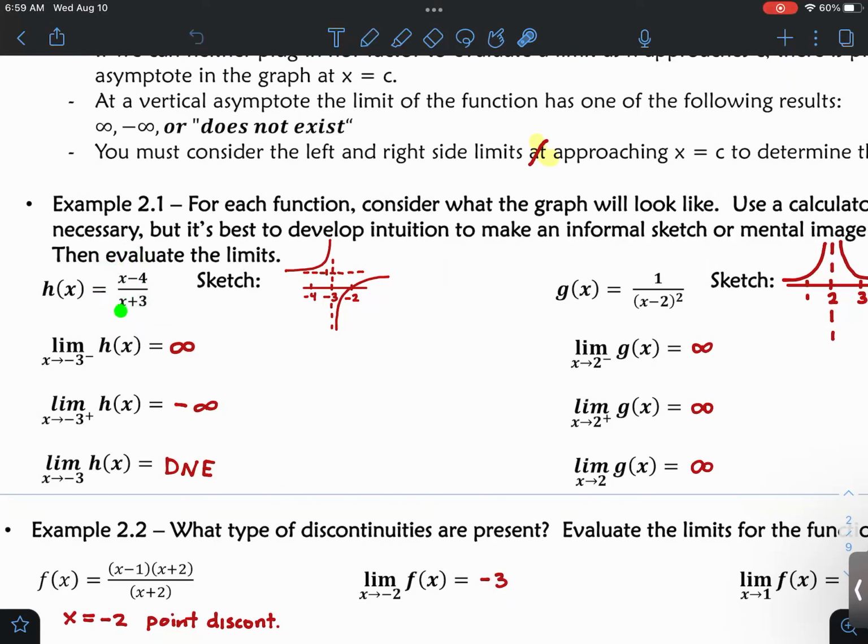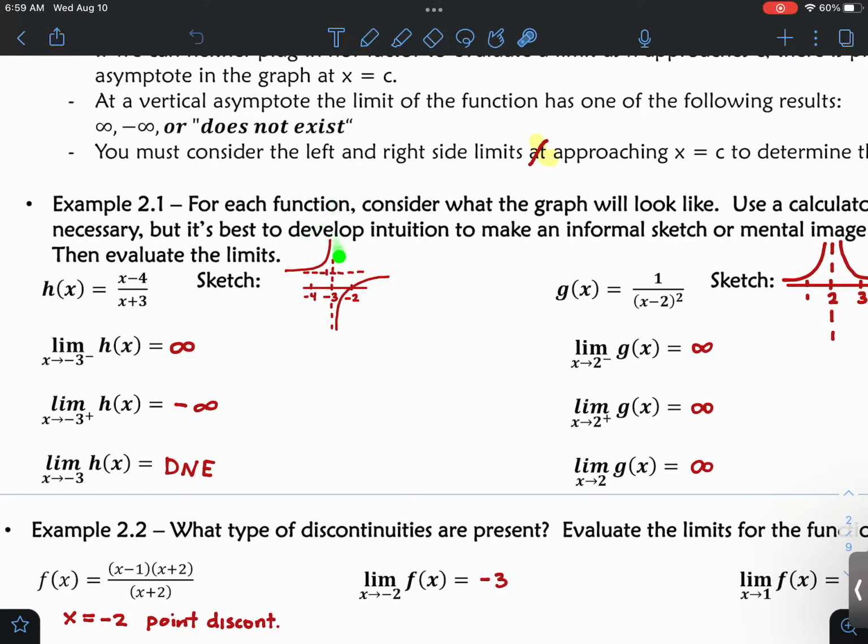And of course, because the lead terms, top and bottom, have the same degree, we just look at the coefficients. Basically, I'm allowed to ignore the -4 and the +3 as I go to infinity. I'm only worried about how x over x behaves, and x over x just turns into 1. All right, so I've got my sketch.